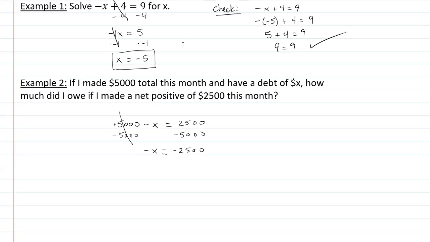Now to get x by itself, we again employ the multiplication principle and multiply both sides by -1. This makes the -x a positive x, and the -2,500 a positive $2,500. So we owed $2,500 in debt.